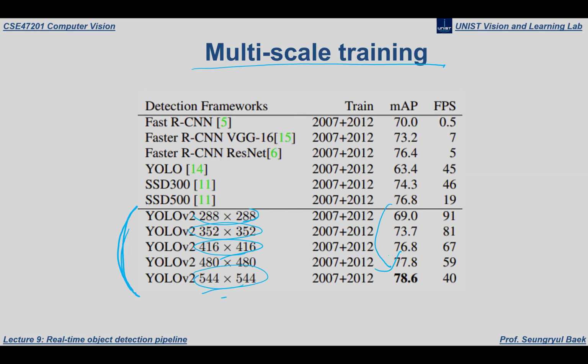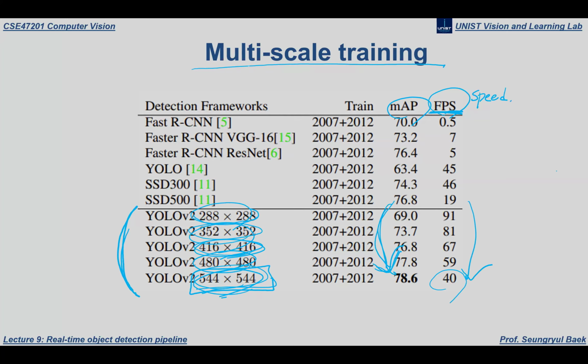Of course, if we use a higher dimensional input image, the accuracy becomes better, but the FPS, the frames per second, meaning how many frames are processed each second, becomes slower. Because of the higher dimensional input, the speed gets slower but the accuracy gets better. This is natural.